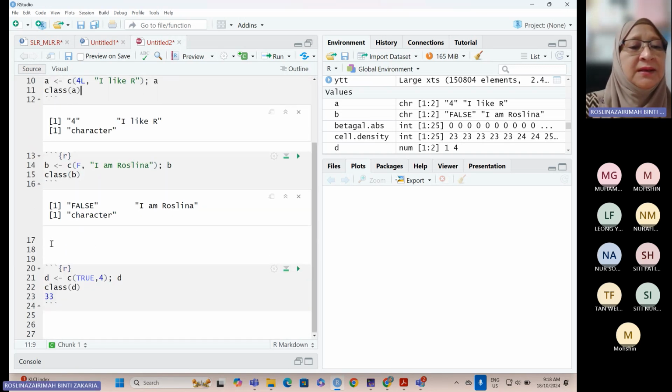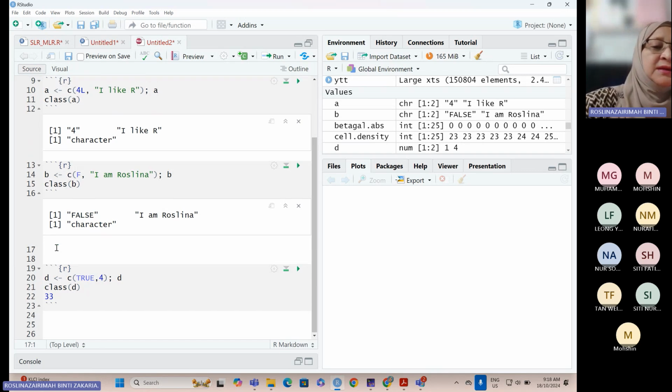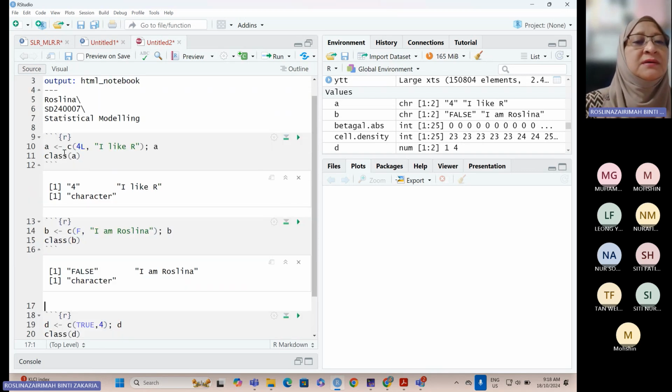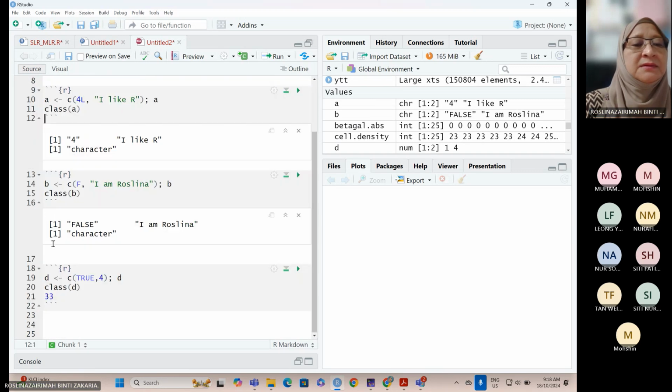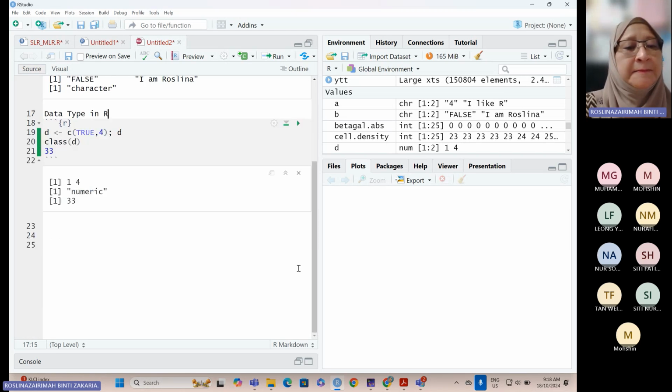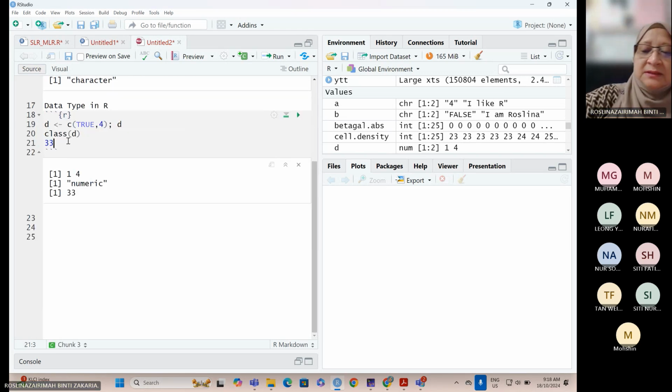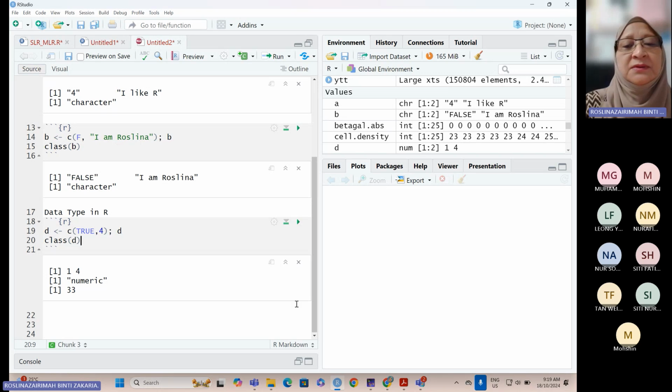And then you can write notes here, for example, data type in R. Then you can run this. Oops, sorry, line 33 is not there. So you can run again.